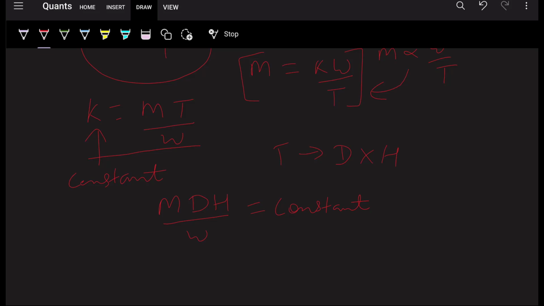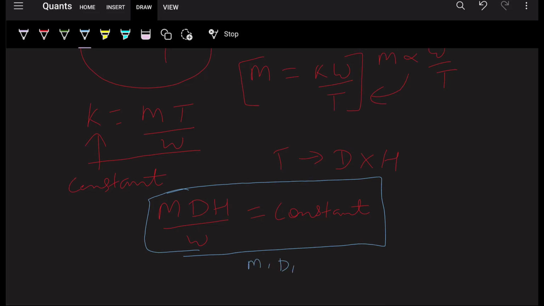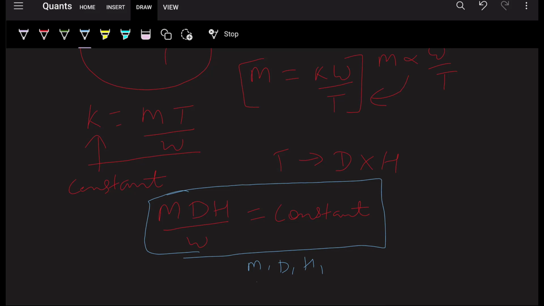So this is an important result. You have to remember this. This will be used for many questions. So like I can say that M1 D1 H1 divided by W1 is equal to M2 D2 H2 divided by W2. Okay, so now that we have understood this concept, now we will do some questions based on this.